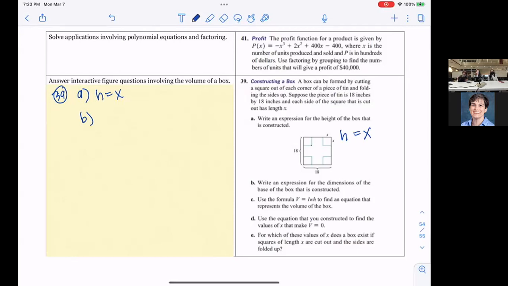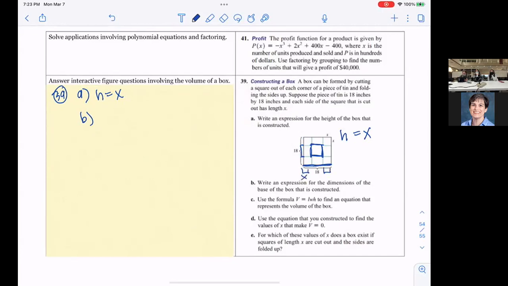If the base of the box is just gonna be this square, then the dimensions for the base are whatever is left over after the corner squares are cut out. We're starting out with 18 inches, but we're gonna be missing pieces on both sides.